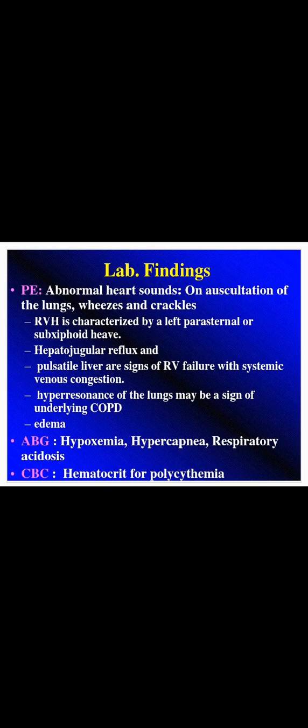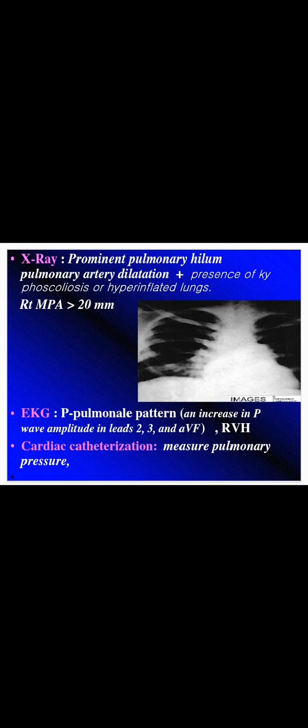Edema is also present. If we do ABG analysis, we can see hypoxemia, hypercapnia, respiratory acidosis. While doing a CBC, complete blood count test, we can identify raised hematocrit in polycythemia conditions.